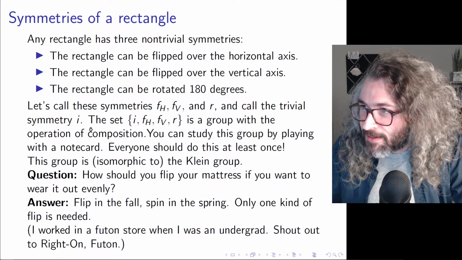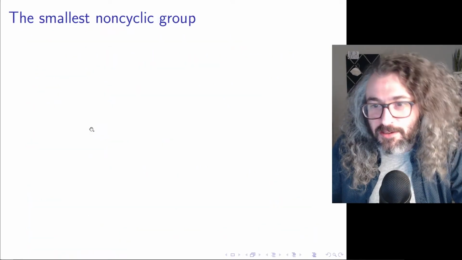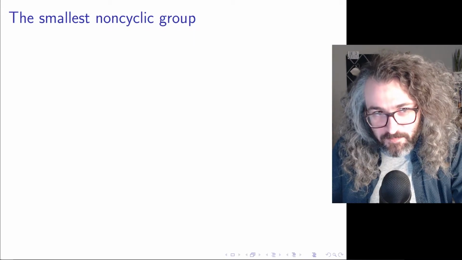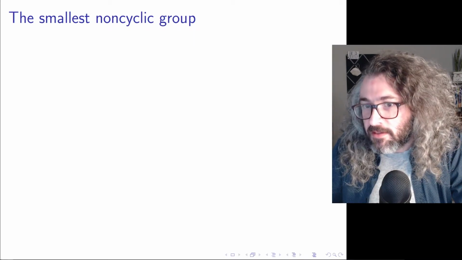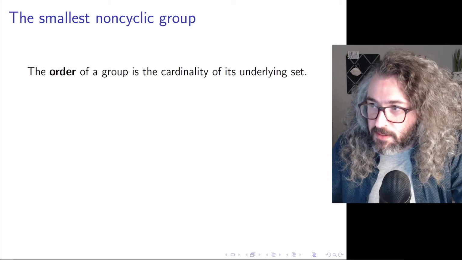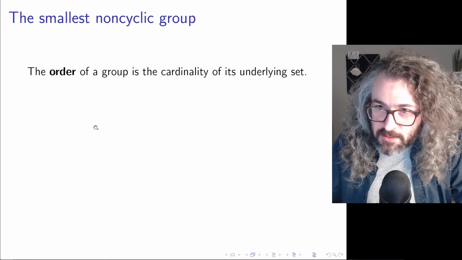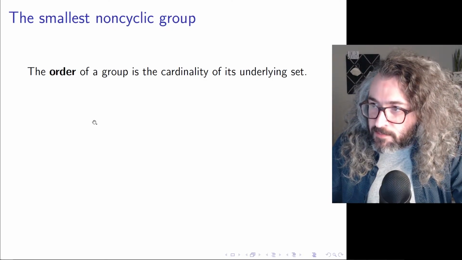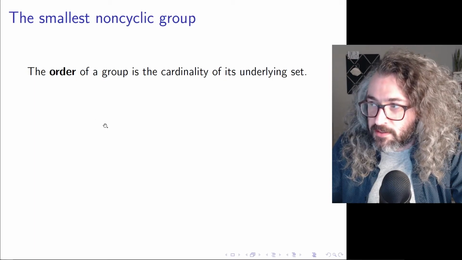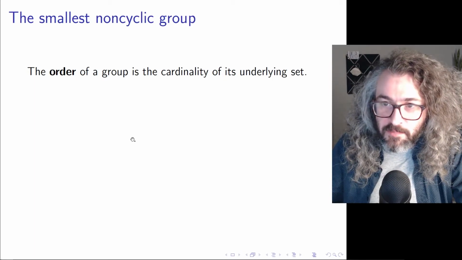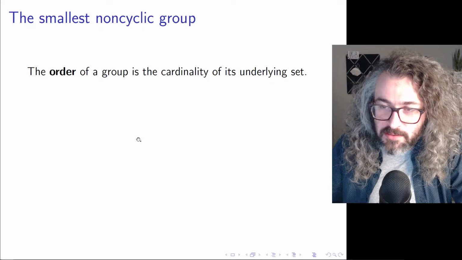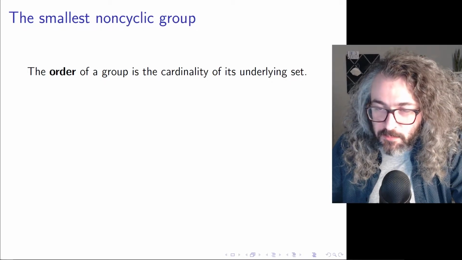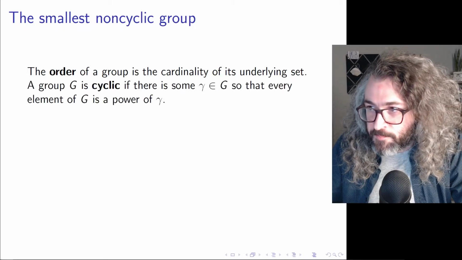All right, next way to think about the Klein group. It's the smallest non-cyclic group. So you've probably already seen these definitions, but I'll just remind you what they are. The order of a group is the cardinality of its underlying set. So if the group is finite, that's just a natural number. It's the number of elements in the group.